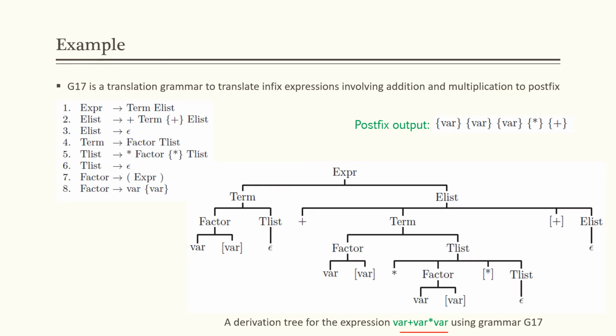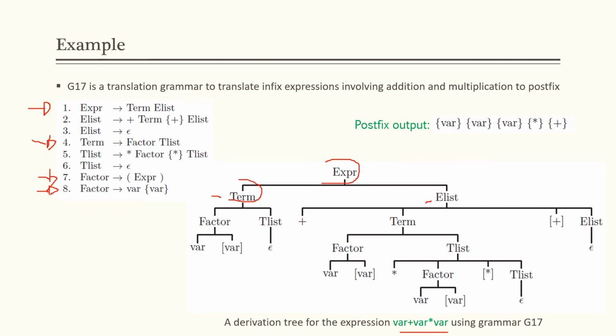Okay, using G17, we start by deriving the derivation tree. We start with the first rule, which is expression. Expression goes to term as well as e-list. So this is actually from the first rule. Okay, and then from the term itself, we use rule number 4 to get a factor and t-list. From the factor, there are two choices, rule number 7 as well as number 8.